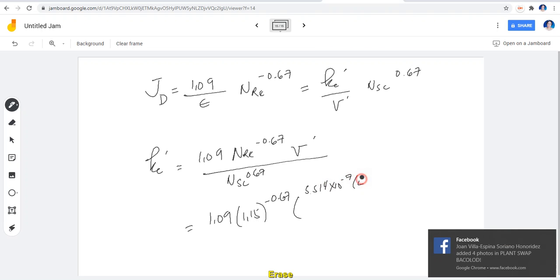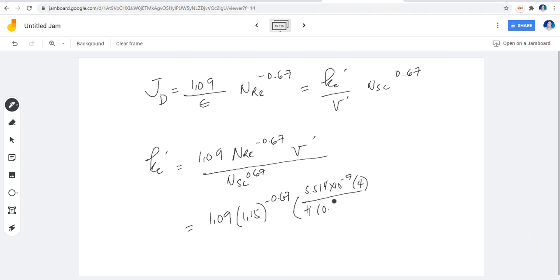I will just transfer the 4 in here. So we'll have the pi, 0.0667 here, which is squared. So this is our Reynolds number, this is our velocity, and we have the Schmidt number, which in this case is 702.